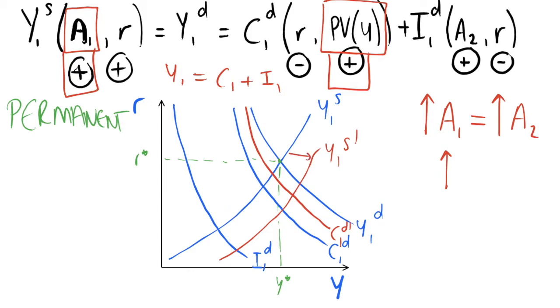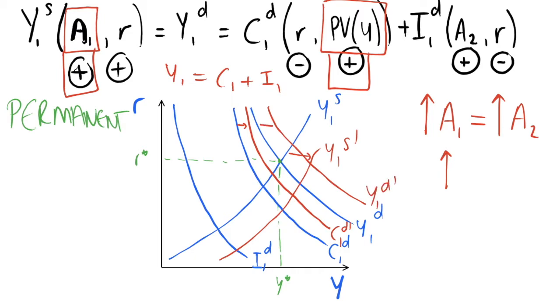So we've shifted demand and we've shifted consumption, and this is going to get very messy on the diagram, so I apologise for that, but I'll try and make it a bit clearer as we go along. By shifting the consumption function to the right, we also shift our demand function to the right, to y1 d1.